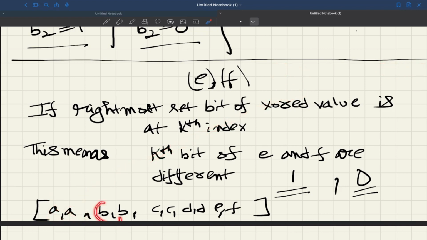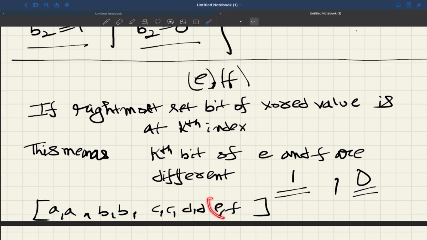If the kth bit of B is set, then both B will also go to group 1. If the kth bit of C is not set, that is 0, then I will put C in group 2. If the kth bit of D is also not set, then both D will go to group 2.